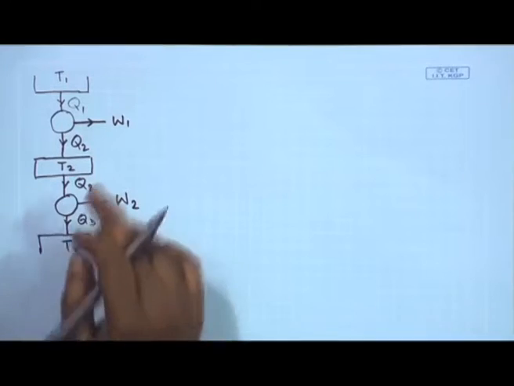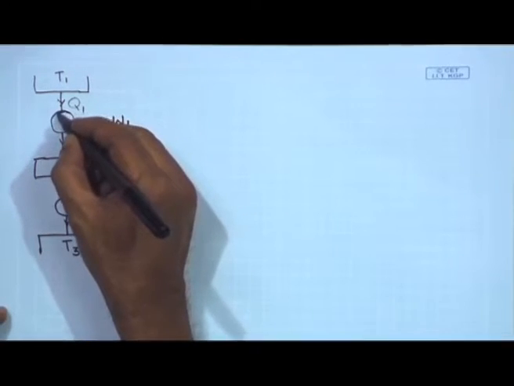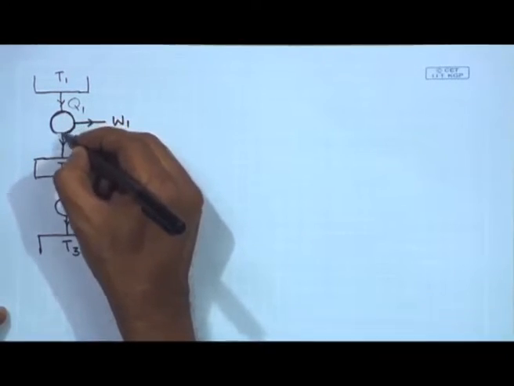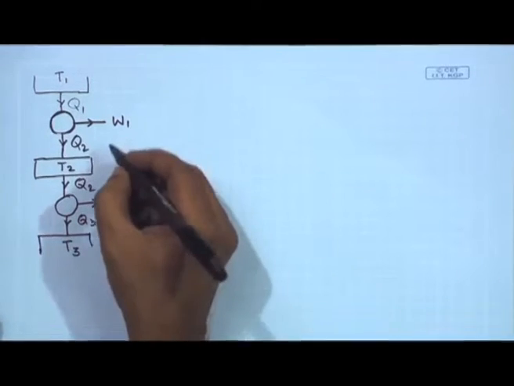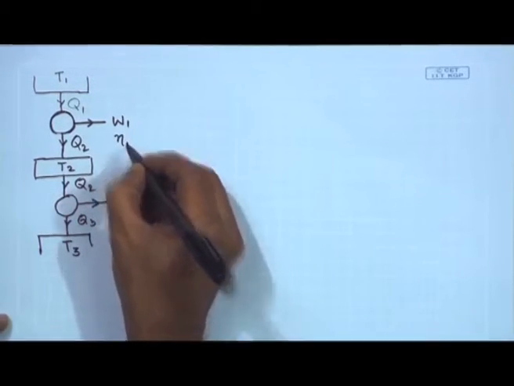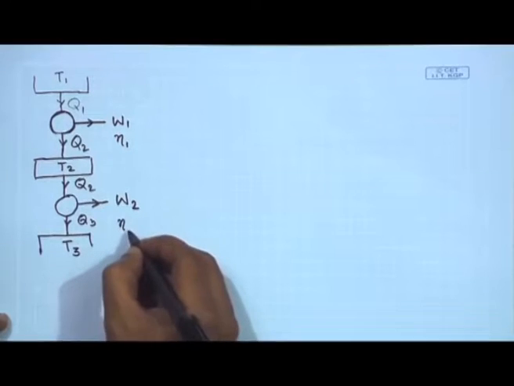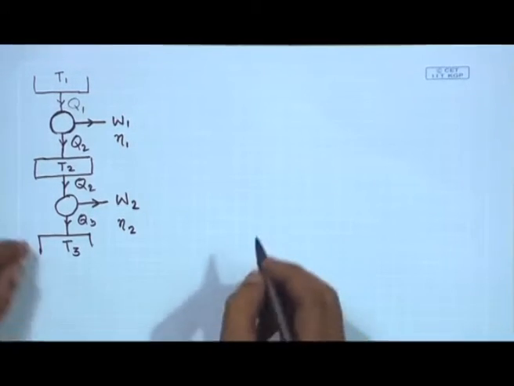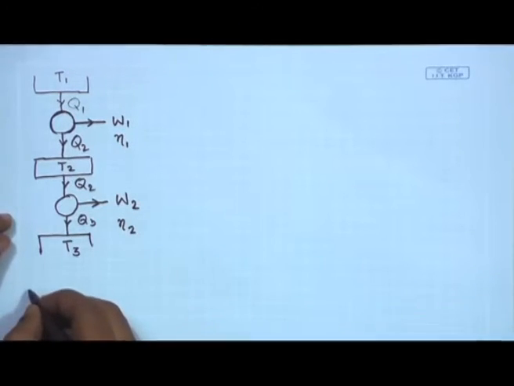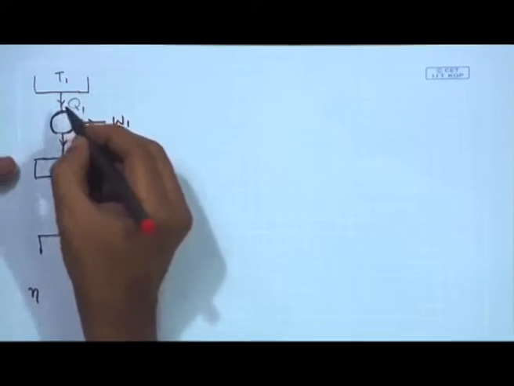So, in this case we have derived that if we know the individual efficiencies of the cycles, let us say the first cycle has an efficiency eta 1 and the second cycle has an efficiency eta 2, then one can derive the efficiency of the combined cycle.